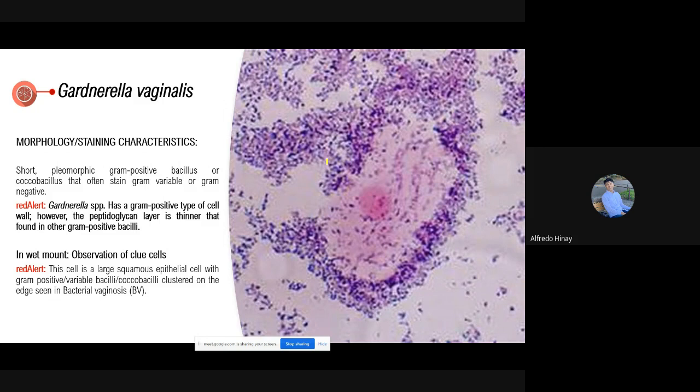Then these cells is a large squamous epithelial cells with your observation of your clue cells. Gram positive or variable because of the peptidoglycan, and it is the causative agent of your bacterial vaginosis. And then lumabas din to sa board exam class with bacterial vaginosis.